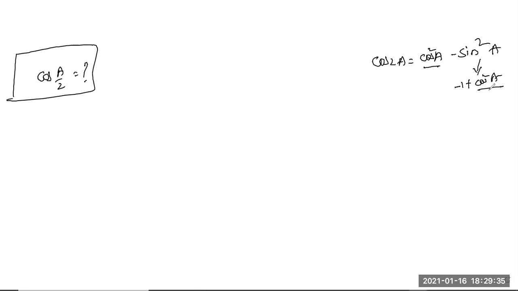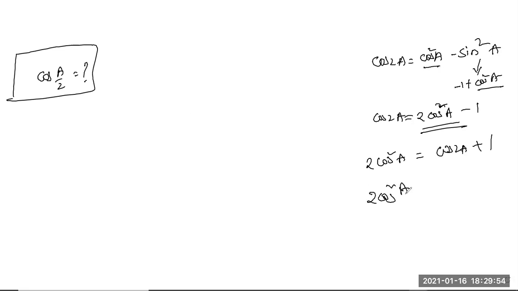So cos 2A is 2 cos square A minus 1. So 2 cos square A is cos 2A plus 1, and if you want the half angle, you can write 2 cos square A by 2 as cos A plus 1.